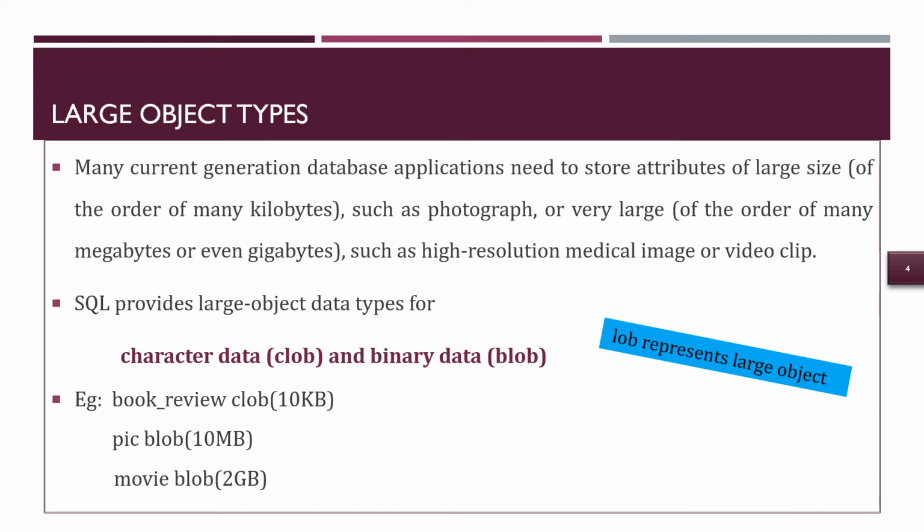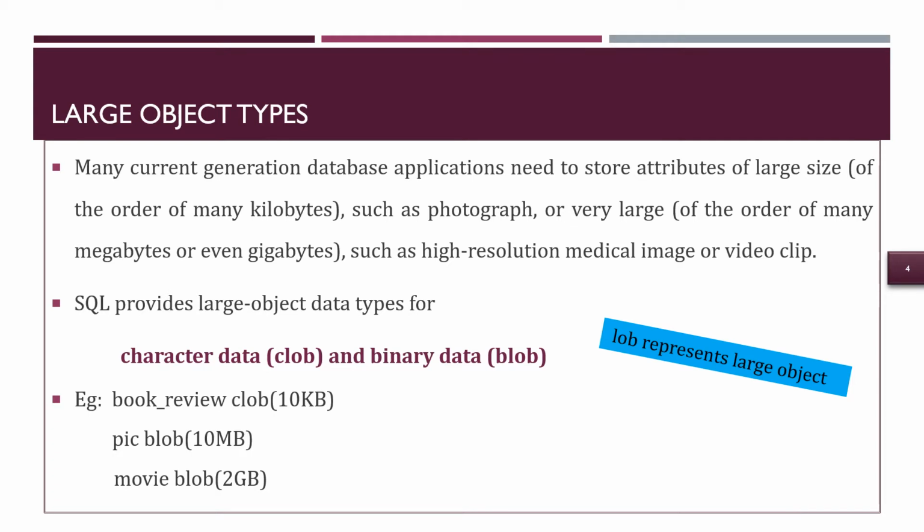LOB stands for large object. CLOB stands for character large object. So to store a large amount of character data, we can make use of CLOB. And images and video clips are usually stored in binary format, and so BLOB can be used for storing images and video clips.